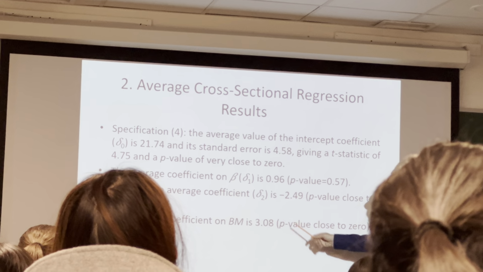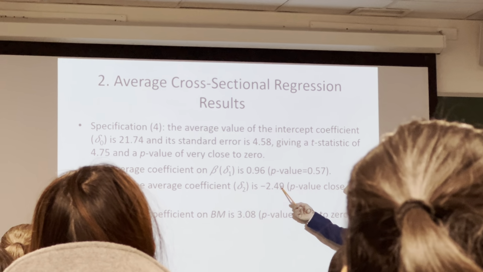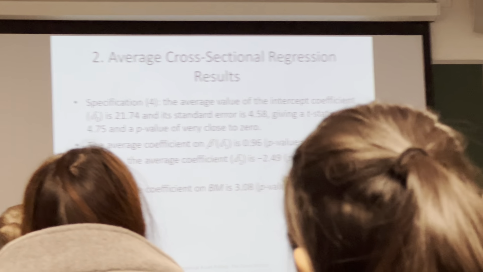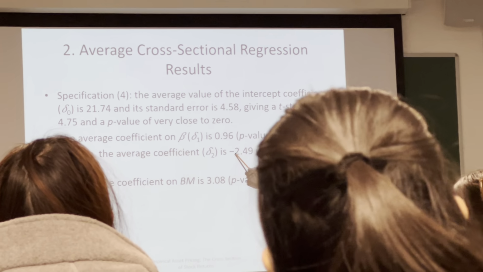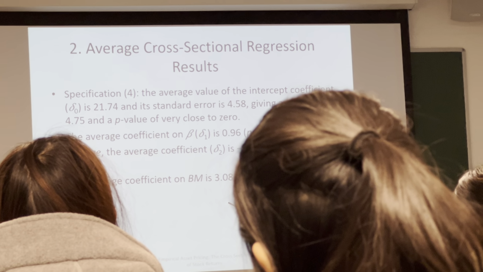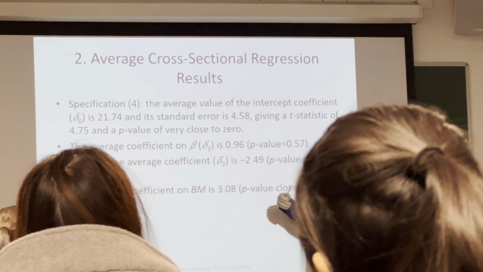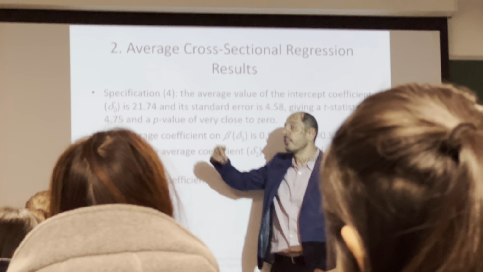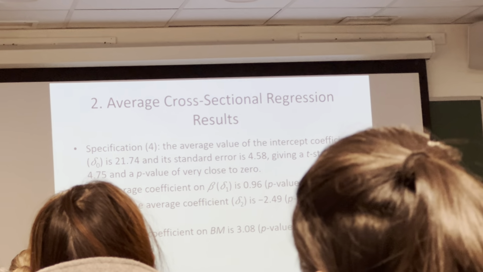So a coefficient of the size of minus 2.49 means that higher size, one unit of size, explains negatively the subsequent returns. How? By minus 2.49. So one unit increase, minus 2.49 decrease in subsequent returns. Always, the interpretation is like that.